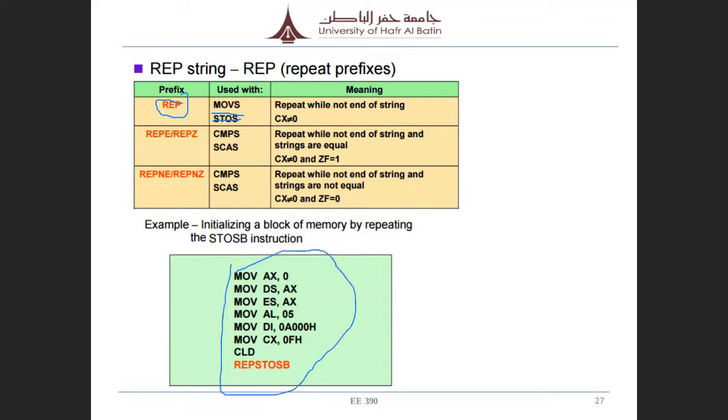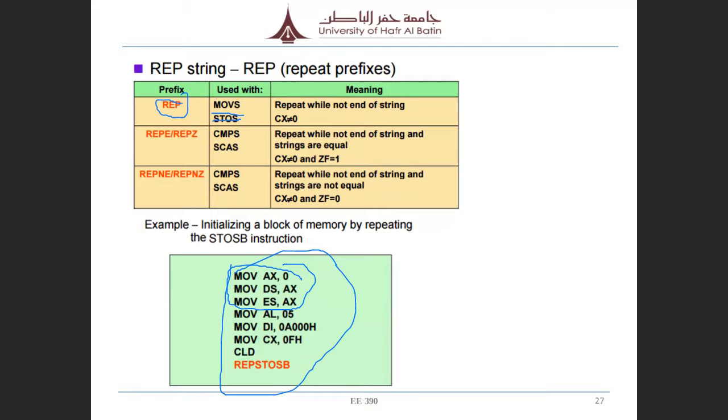Let's see this example. Move AX comma 0, move DS comma AX, the same as the previous one, to initialize the data segment and extra segment. AL comma 05, DI comma 0, and move CX comma 15, or in hexadecimal 0FH. Then CLD, clear direction flag.